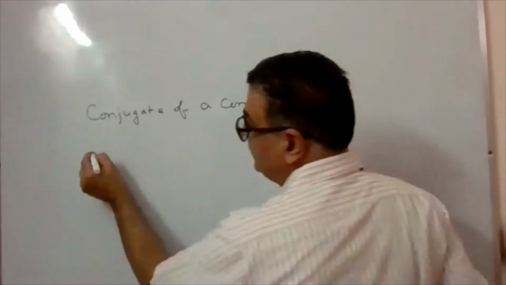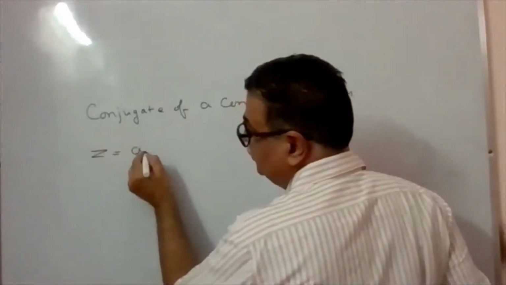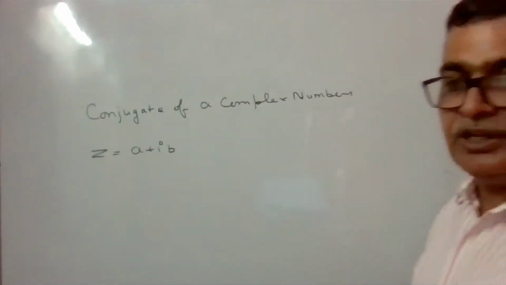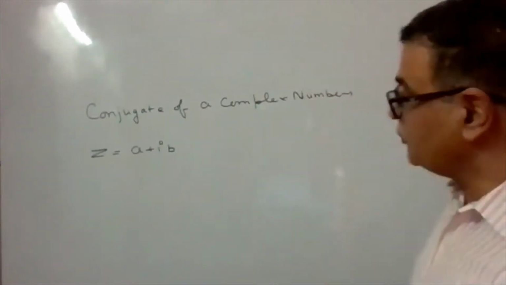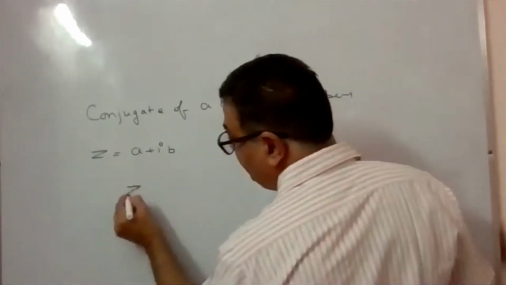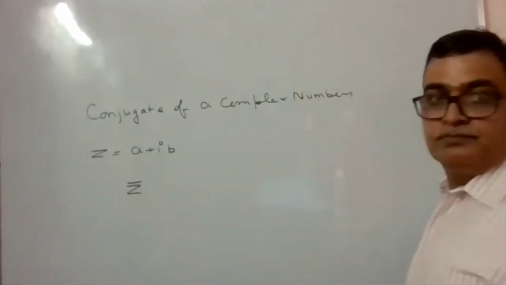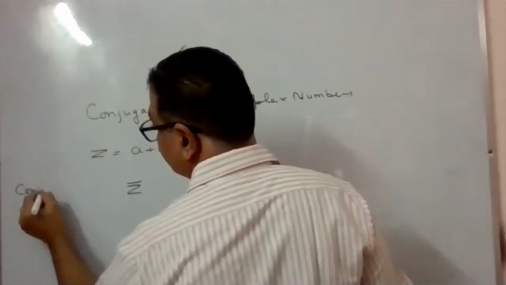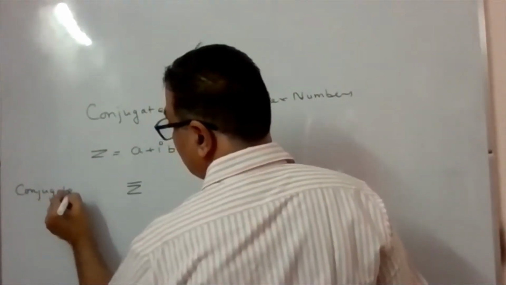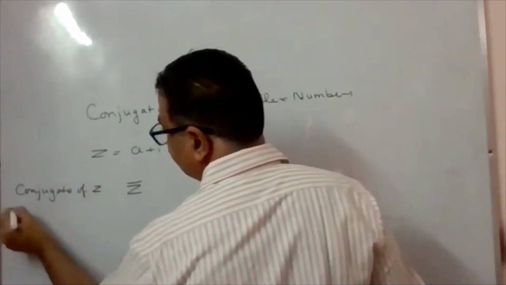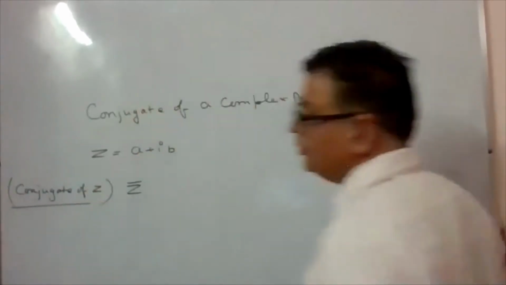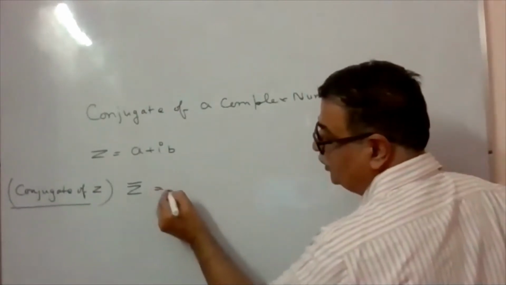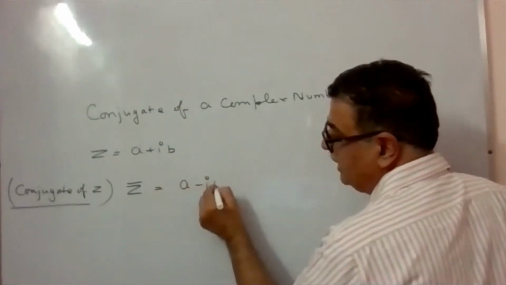If we have a complex number z is equal to a plus iota b, then its conjugate will be denoted by z bar. Z bar is nothing but the conjugate of z. That is denoted by z bar, and this will be equal to a minus iota b.